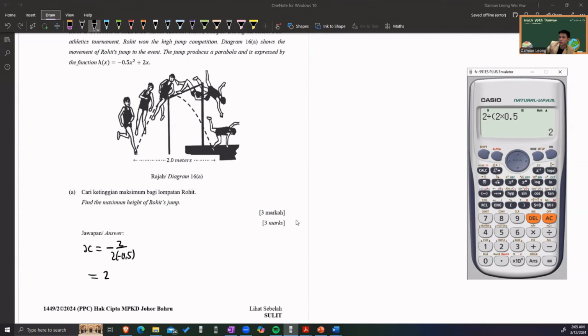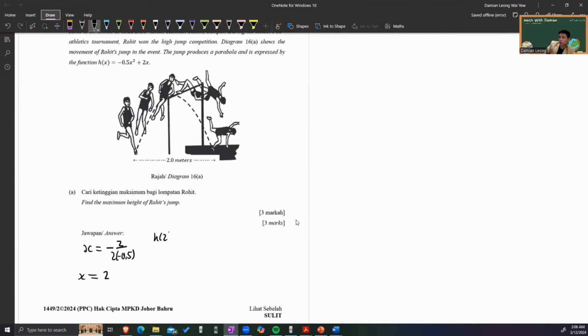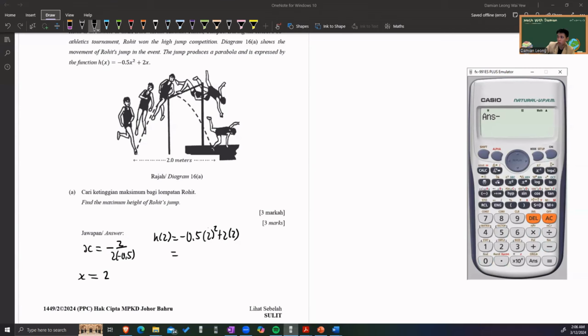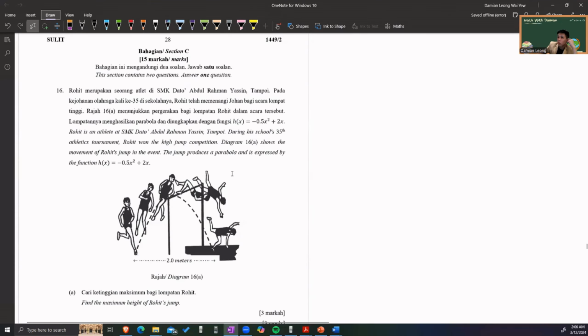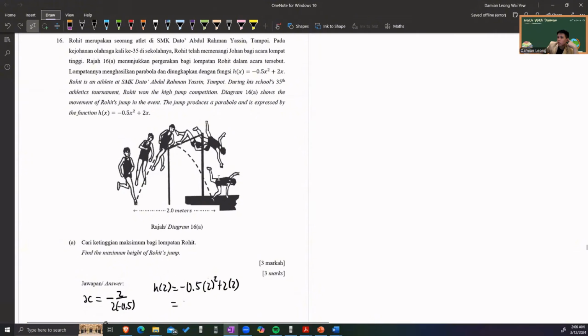X is 2, means H equals negative 0.5 times 2 squared plus 2 times 2, which is 2. Should be 2, same unit, meters.